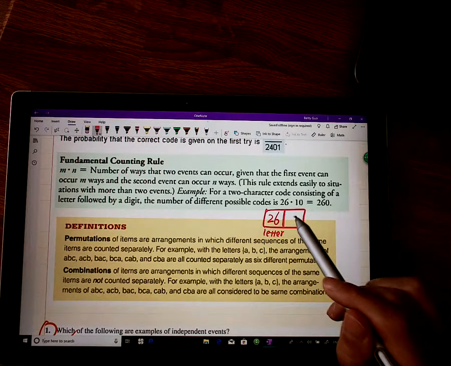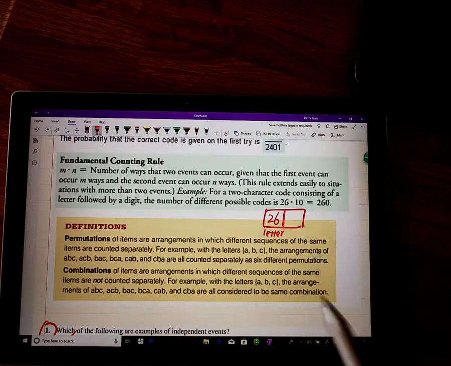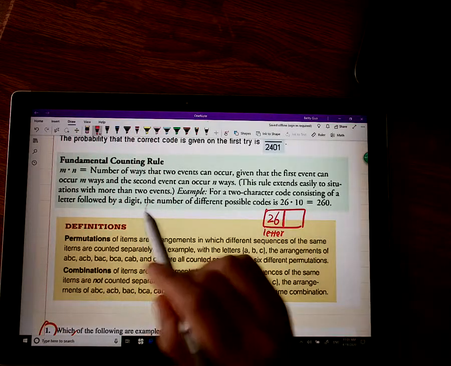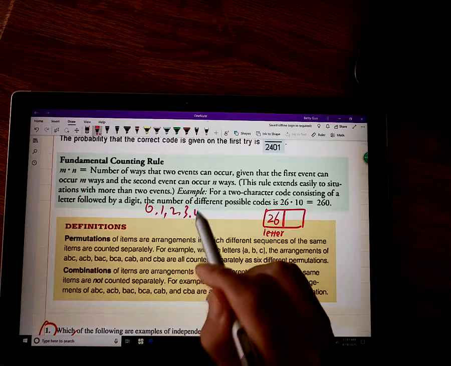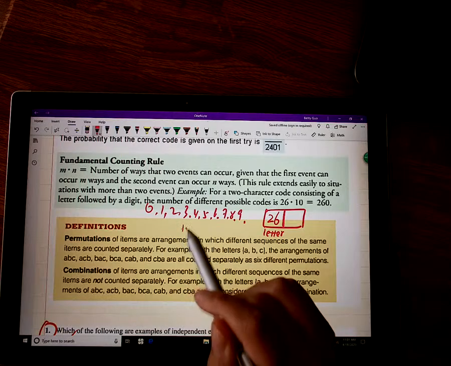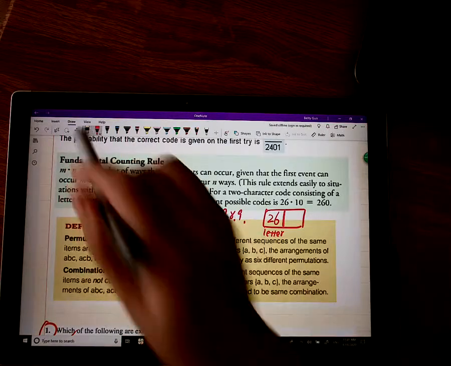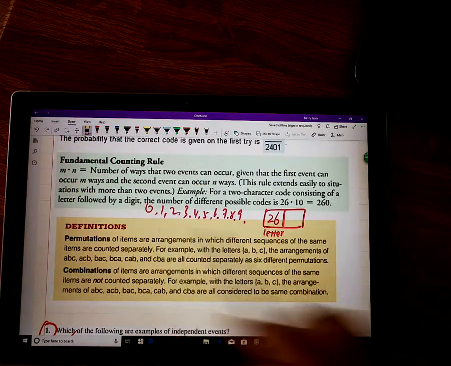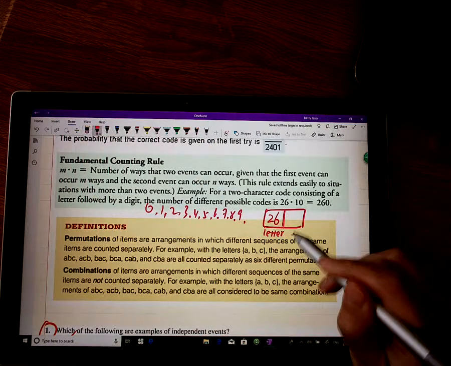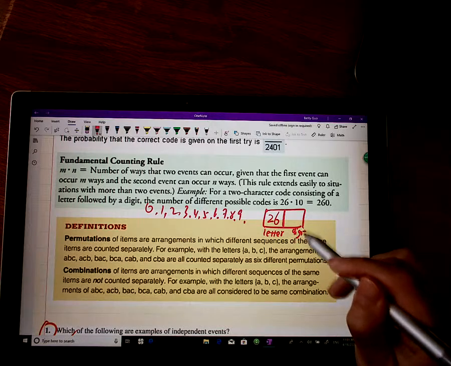And the second character of the pin or the code is a digit, 1 digit. How many digits do we have? We have 10. There are 0, 1, 2, 3, 4, 5, 6, 7, 8, 9. 10 is not a digit; 10 is a 2-digit number. So that is 10 already. So we have 10 options for the digit.